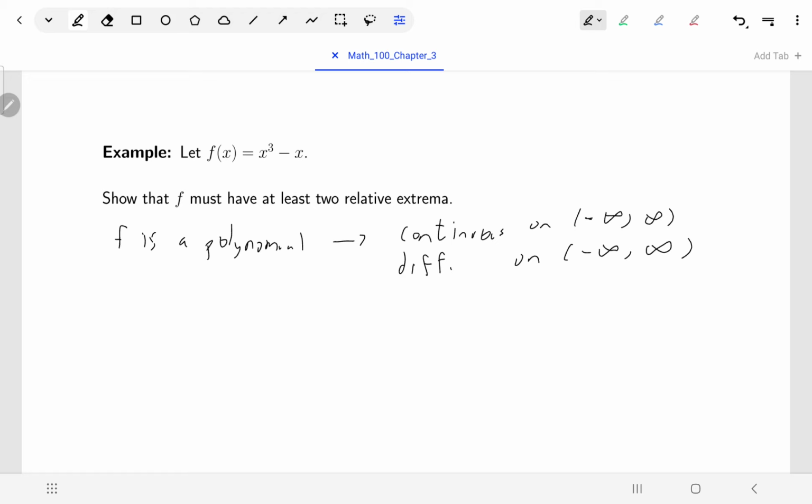Now we're going to use the idea that I sort of ended the last slide with, which was that if you're a nice continuous function and we find x-intercepts, then between the x-intercepts, courtesy of Rolle's theorem, we're guaranteed at least one extreme value. At least one relative max or one relative minimum. So let's find the x-intercepts for f.